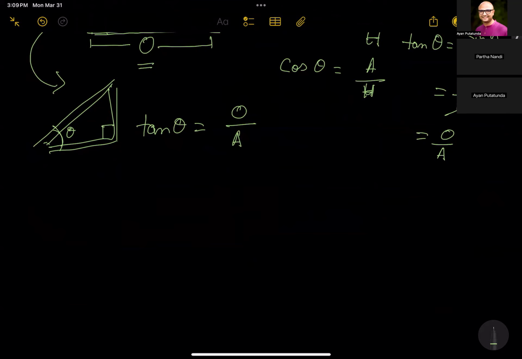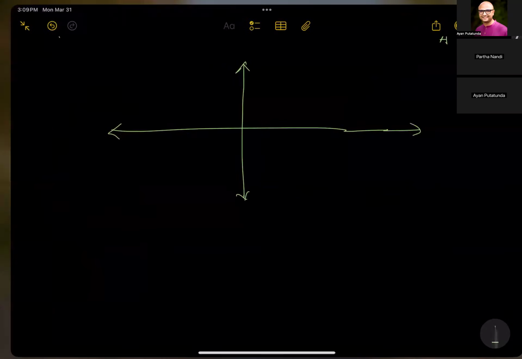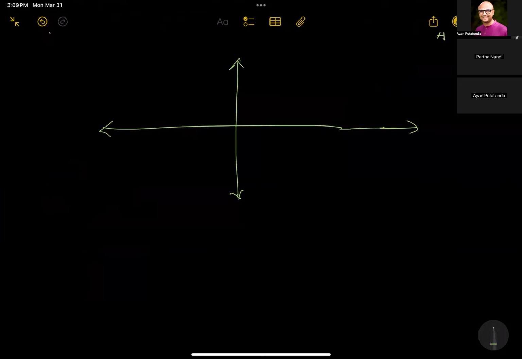Let's come to the second thing, which is very important to understand. This is an x and y coordinate system. This is the x-axis, this is the y-axis, and this point is called the origin.